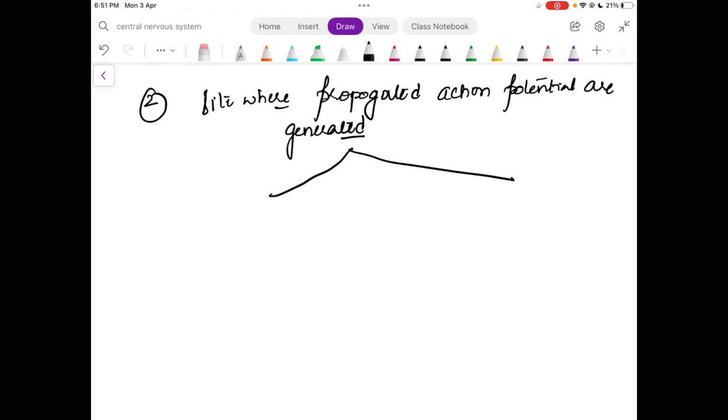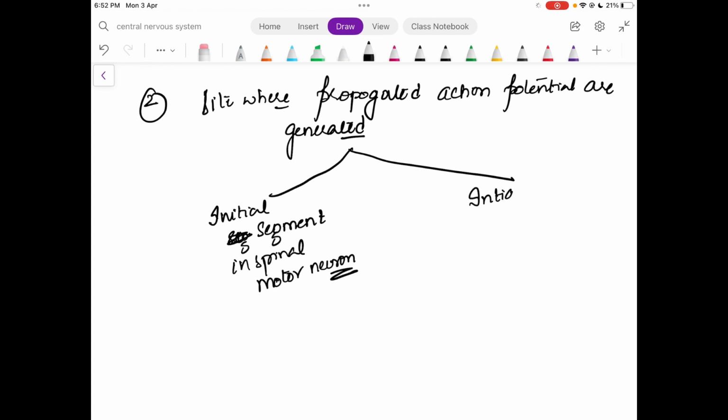If it is a motor neuron, it will be at the initial segment in a spinal motor neuron, and it will be the initial node of Ranvier in cutaneous sensory neurons.